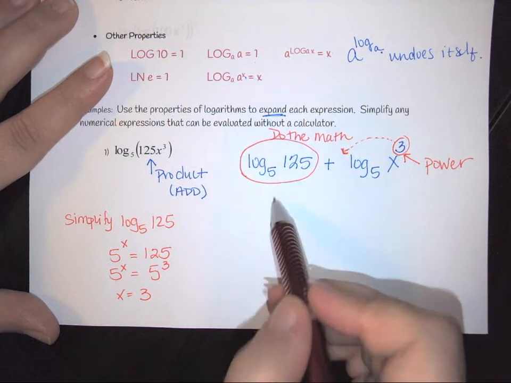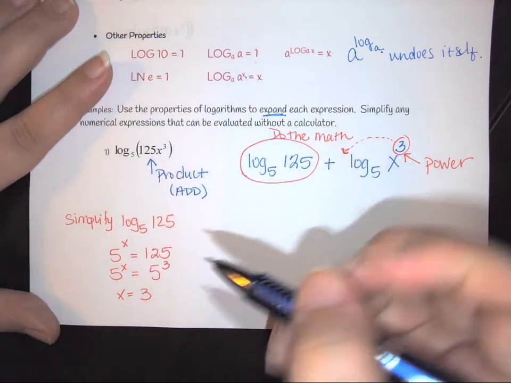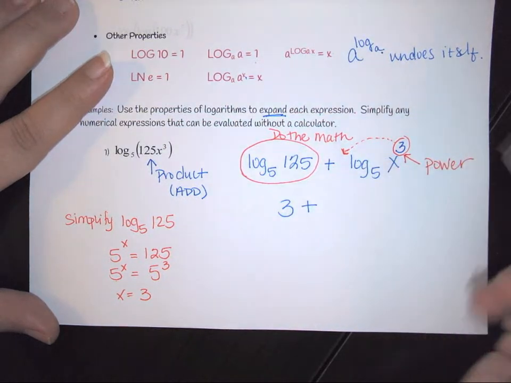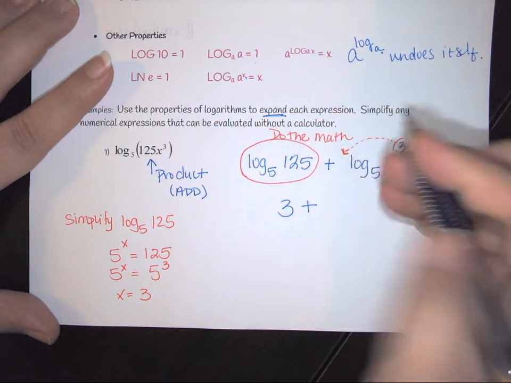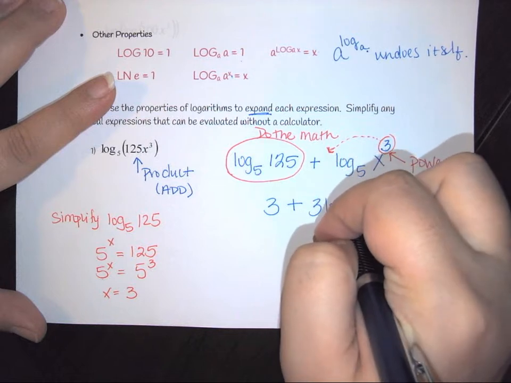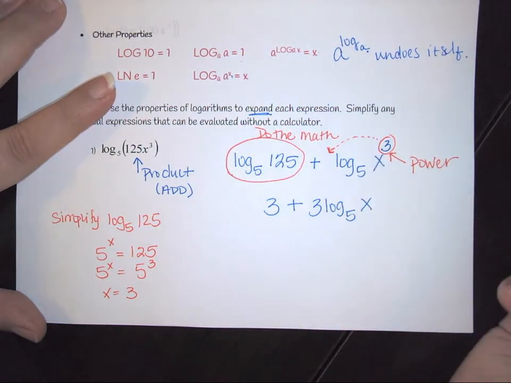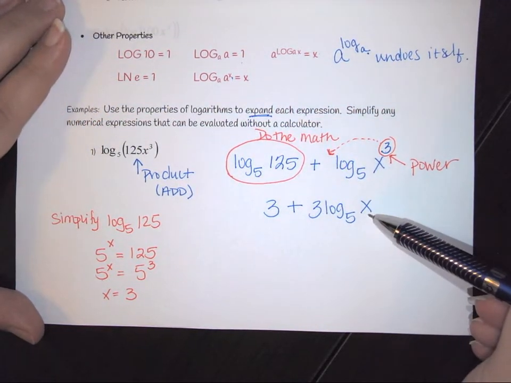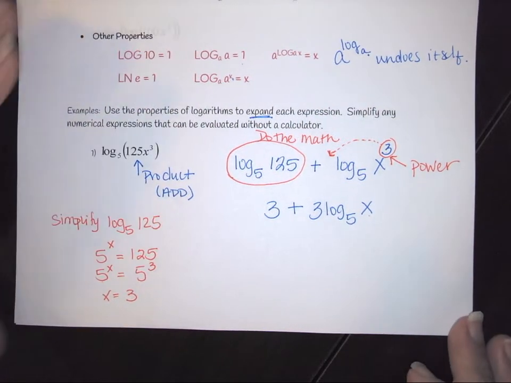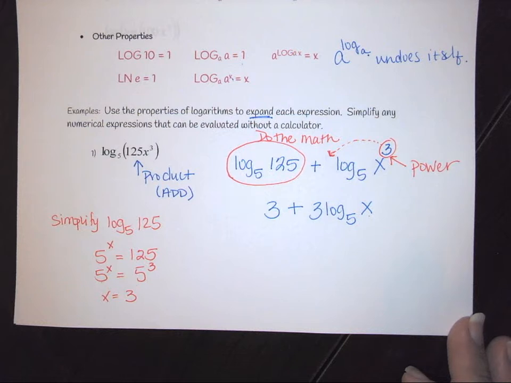So therefore this is going to reduce to 3. So here this becomes 3 plus. And then I needed to pull the power down in front, so this becomes 3 log base 5 of x. Now since this is a variable, there is nothing else that I can do to simplify it. Therefore, I have expanded my expression out as far as I can.